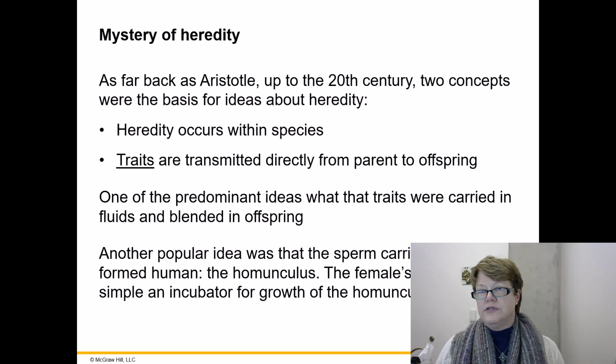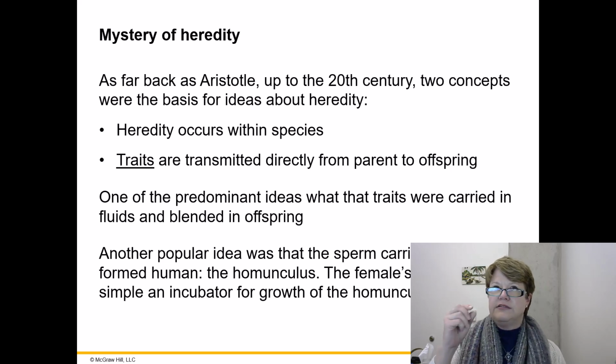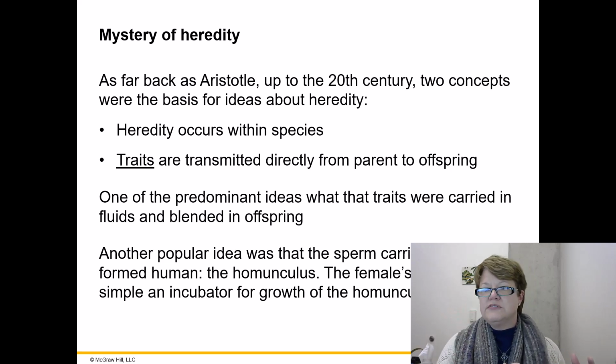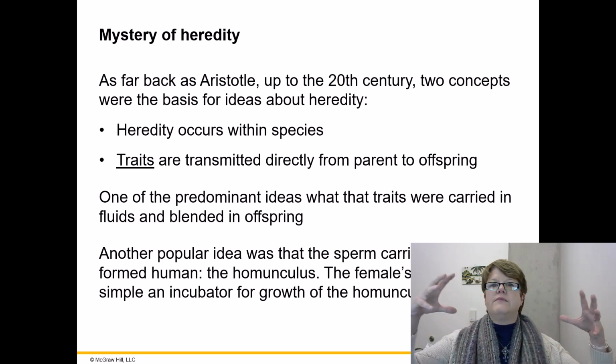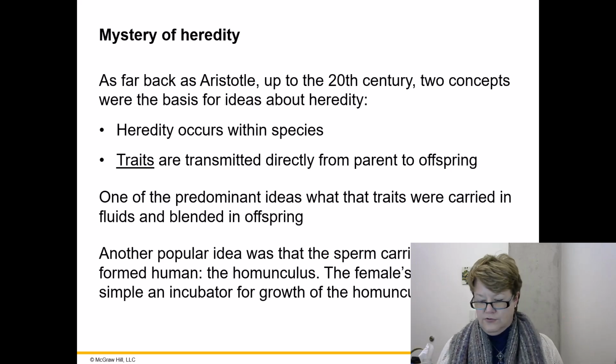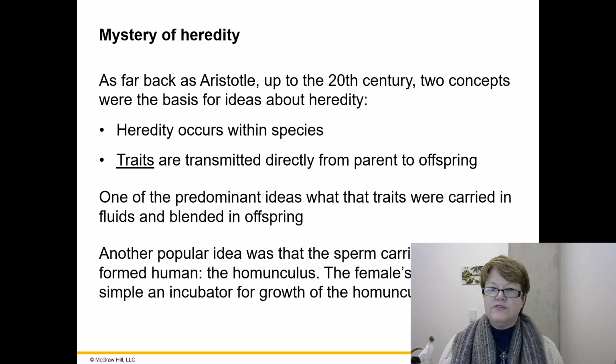Another idea, which I really have trouble wrapping my brain around, is that the sperm carried a tiny, fully formed human called the homunculus, and that when the sperm was delivered into the female's womb, it just incubated that homunculus and it just got bigger. I really can't understand that concept, but I didn't live in those days. In any case, these are all kind of wrong ideas, some of them more wrong than others. What we're going to be looking at in this chapter is the science that led us to our understanding of heredity where we are today.